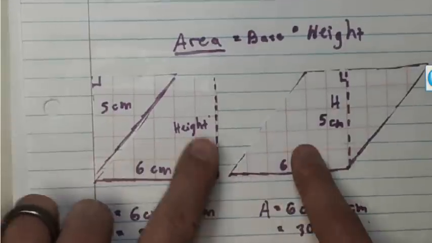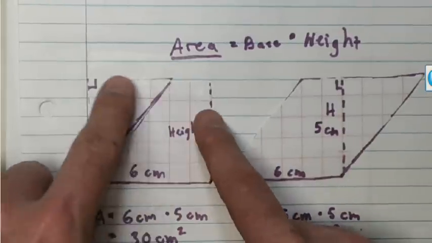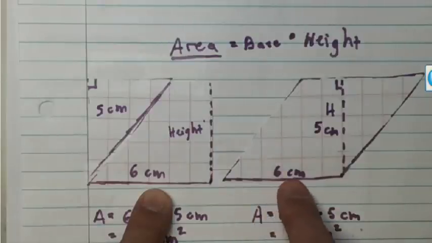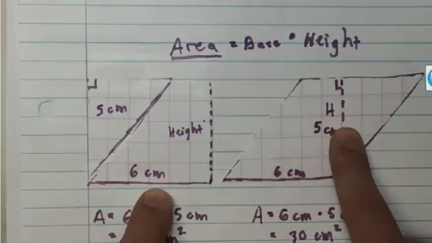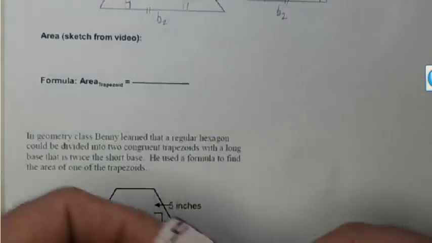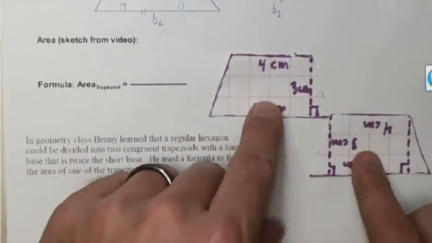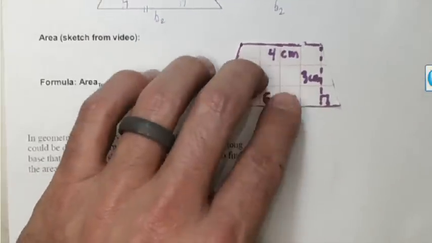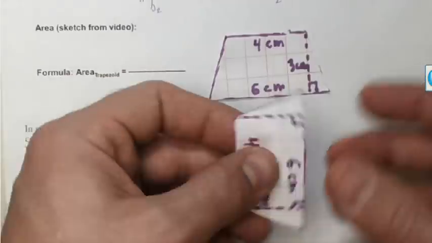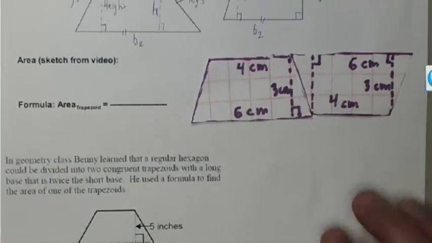And we said, well, if we cut off the edge right here and just reattach it to the other side, it actually ends up being the same shape as a rectangle, so we can just multiply the base times the height, and that will give us the actual area. Well, we kind of have a similar situation with the trapezoid. Here's what I want you to sketch on your paper. I've got this one trapezoid here, but if I take an identical trapezoid and I flip it over, I get a shape like that.